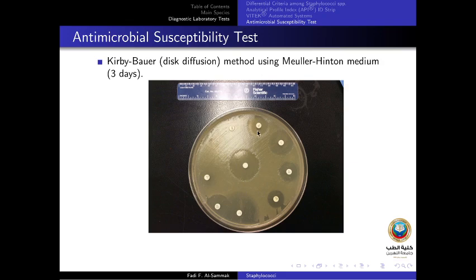And the medium will be inoculated with the isolate in question, and also the antibiotic discs. We put different antibiotic discs or antimicrobial discs here, the white discs, and they are going to be incubated overnight, and then the next day.